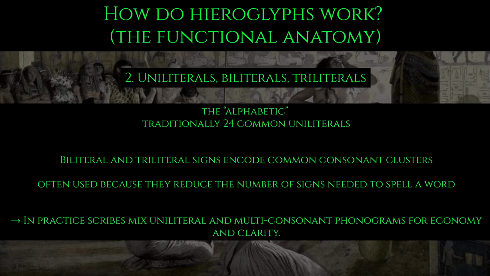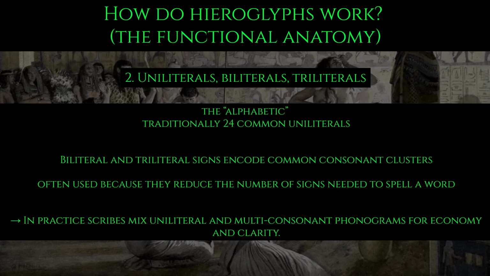Then we have, again, uniliterals, biliterals, and triliterals. So, the uniliteral signs are the alphabet, so to speak, core. Traditionally, 24 common uniliterals are taught as the Egyptian consonantal alphabet, but Egyptian does not have that kind of alphabet, so it is just an approximation here.